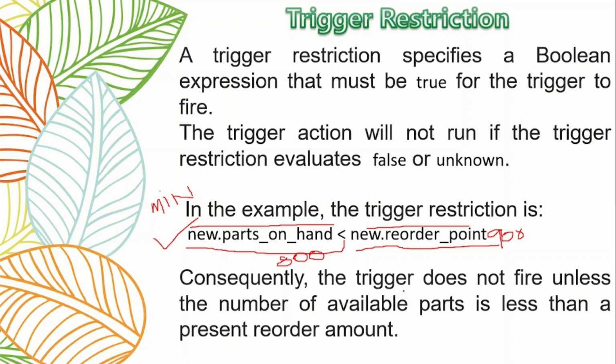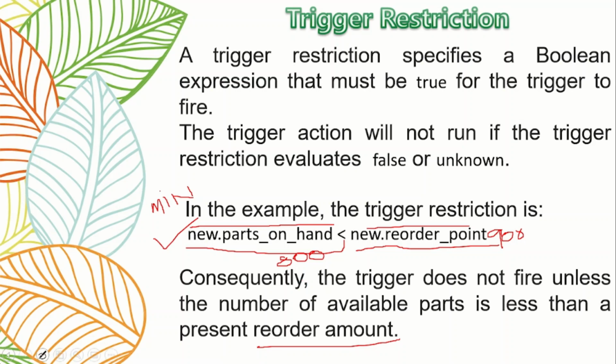It says simply that the trigger does not fire unless the number of available parts is less than the present reorder amount. Clear? Suppose the reordering point is 1000 and the current amount is 800, in that case that is perfectly fine, the trigger will be fired.